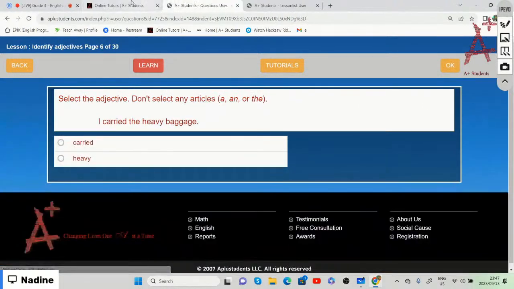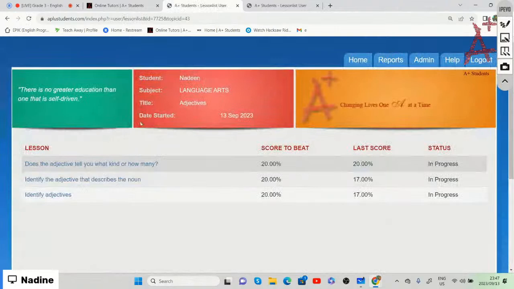And that is correct. All right, so that is our chapter on adjectives. We see that adjectives tell us about the noun. And some of the adjectives answer questions like what kind or how many. So whenever you need to select or identify adjectives, first try and select what the noun is.